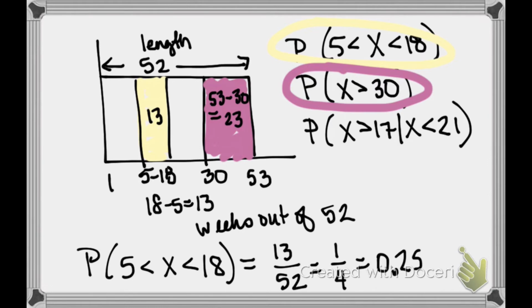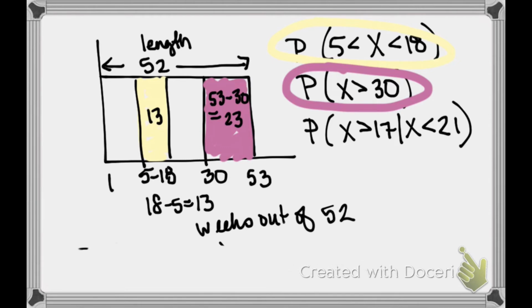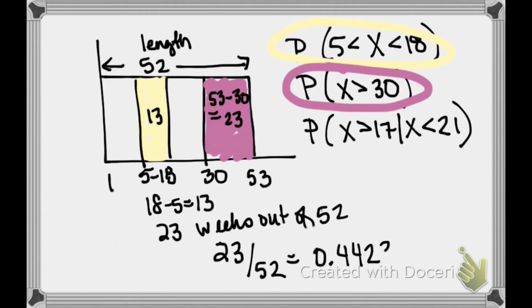And so instead of 13 weeks out of 52, I want to have 23 weeks out of 52. I just plug that into the calculator. 23 divided by 52 gives me 0.4423, etc. And if I round that, it rounds to 0.44.